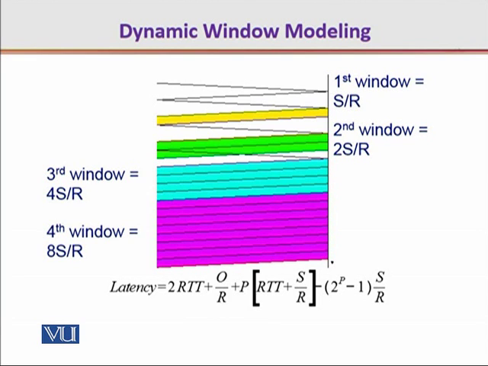That is, the value of P is now equal to 2. So the effect of the terms inside the square bracket, that is RTT plus S over R, would be affected with a factor of 2. And likewise, the last expression is represented with the value of 2 to the power P minus 1, which turns out to be 3.